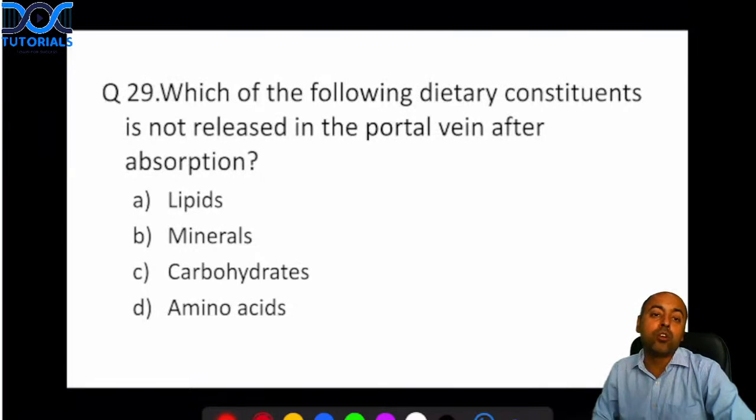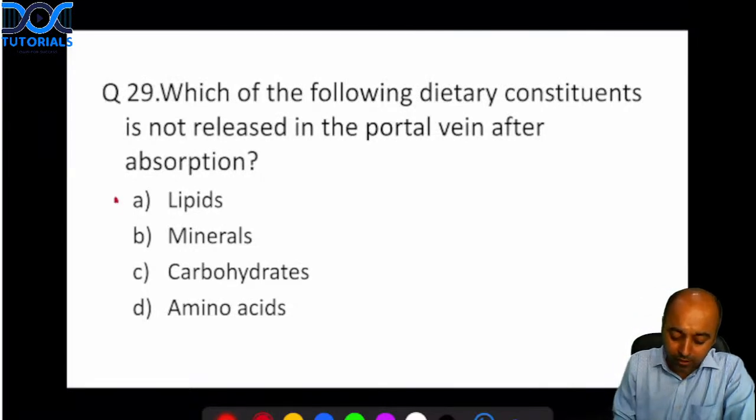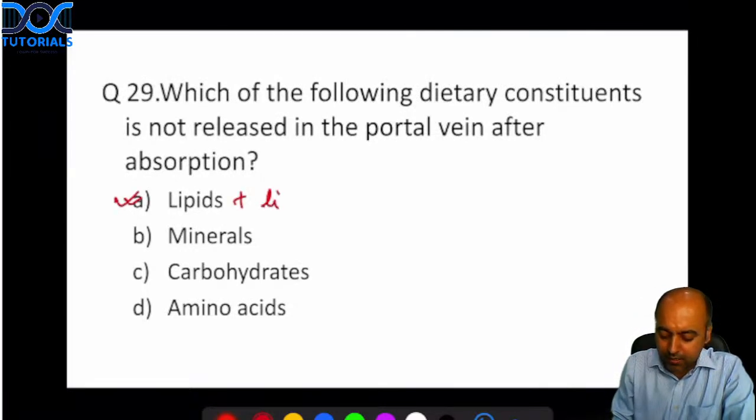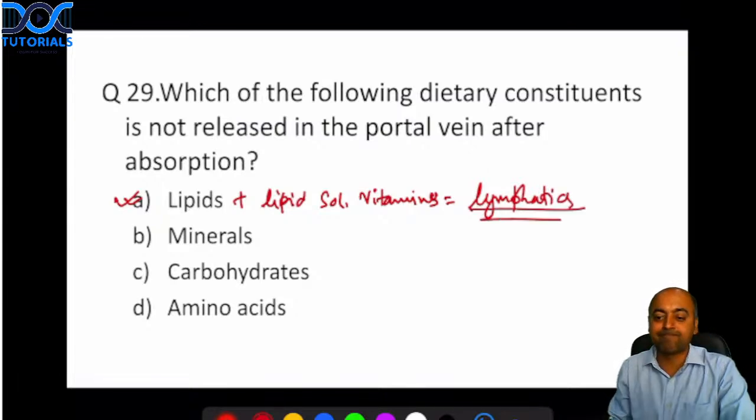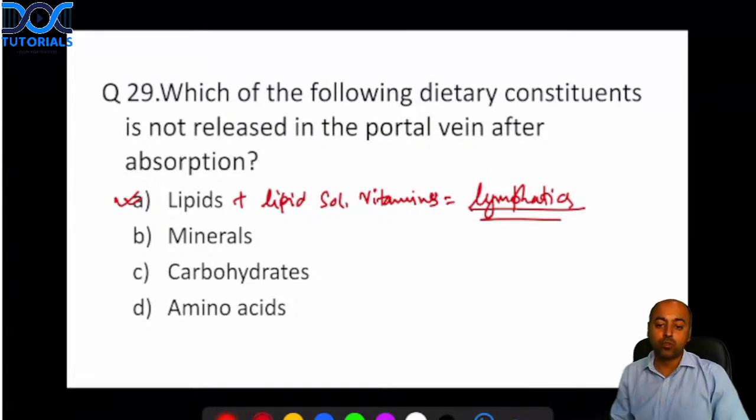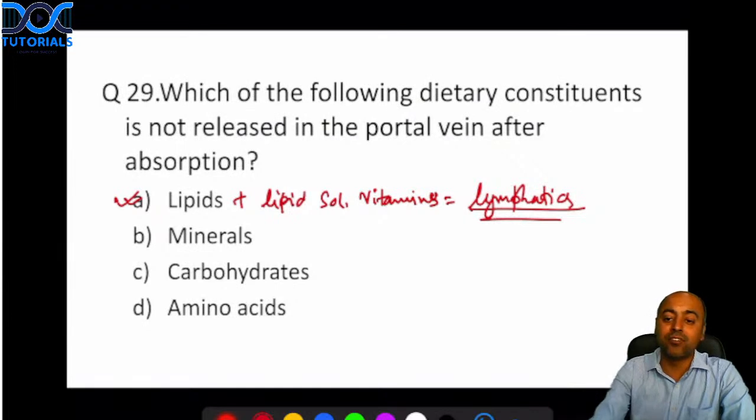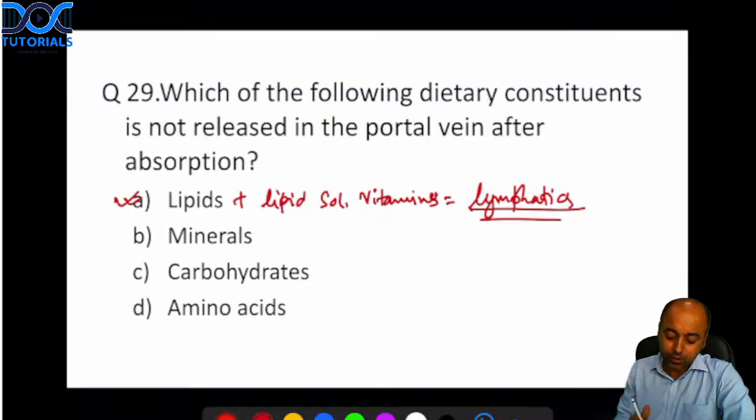Commonly it will go to the portal vein, except for lipids and the lipid soluble vitamins. So where do they go? They go to the lymphatics. Please keep in mind, they will go to the lymphatics. Okay, all others will go to the portal vein.